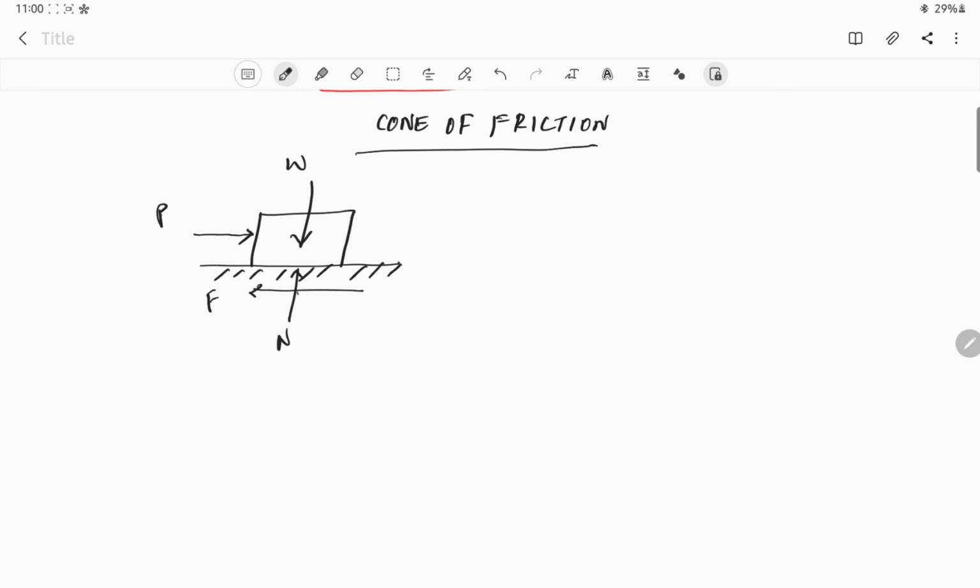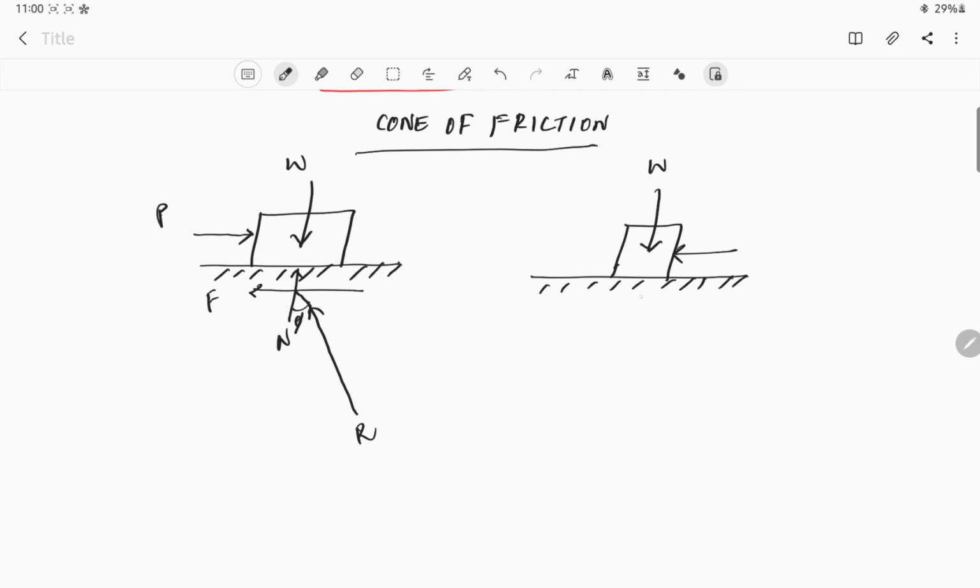So whenever there is a maximum frictional force acting, there will be a resultant acting, giving an angle of friction, that is phi. Again we have the same body and same surface, this is W, and in this case my body is moving in the left side direction.